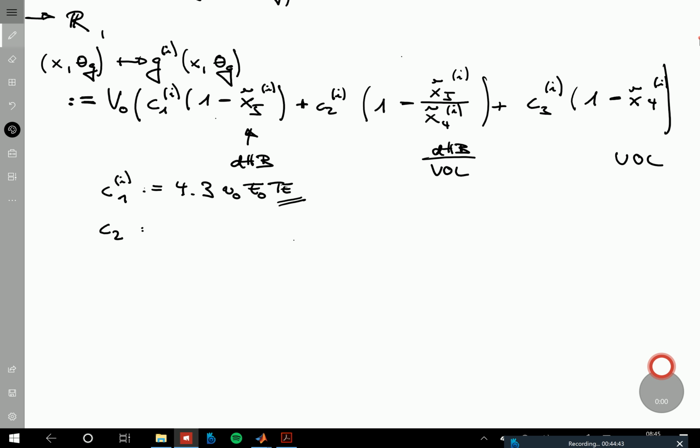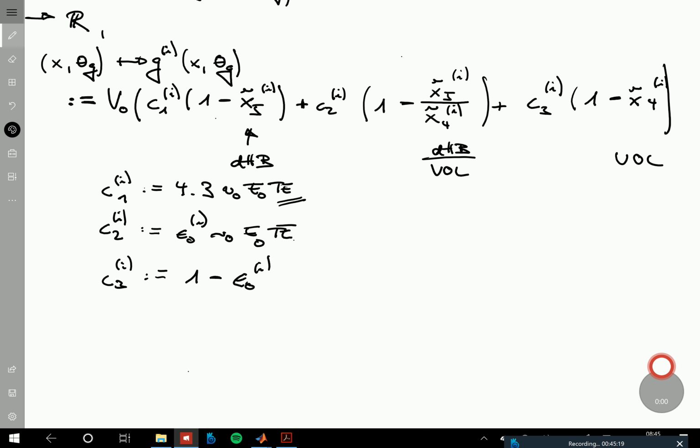C2 also takes information from the imaging process, and C3 is just like this, because we have 1 minus epsilon 0. As you see, I didn't invent this, so I also wonder what all of this is.